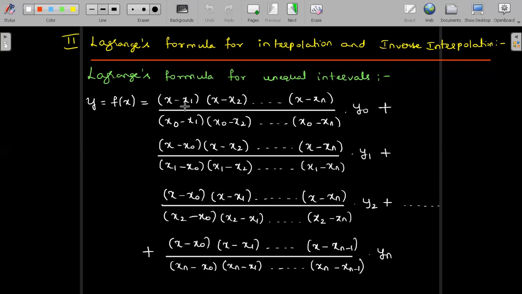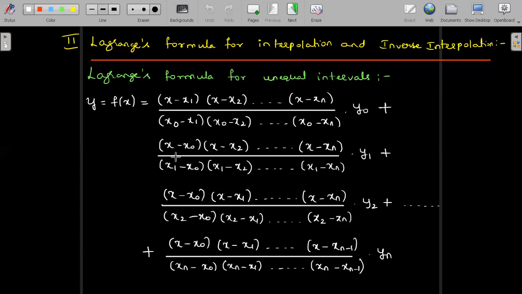So we have x minus x1, x minus x2, etc. up to x minus xn. Since x0 is skipped in the numerator, the denominator should use terms subtracted from x0: x0 minus x1, x0 minus x2, up to x0 minus xn. And since we have skipped x0 here, the multiplier should be y0.